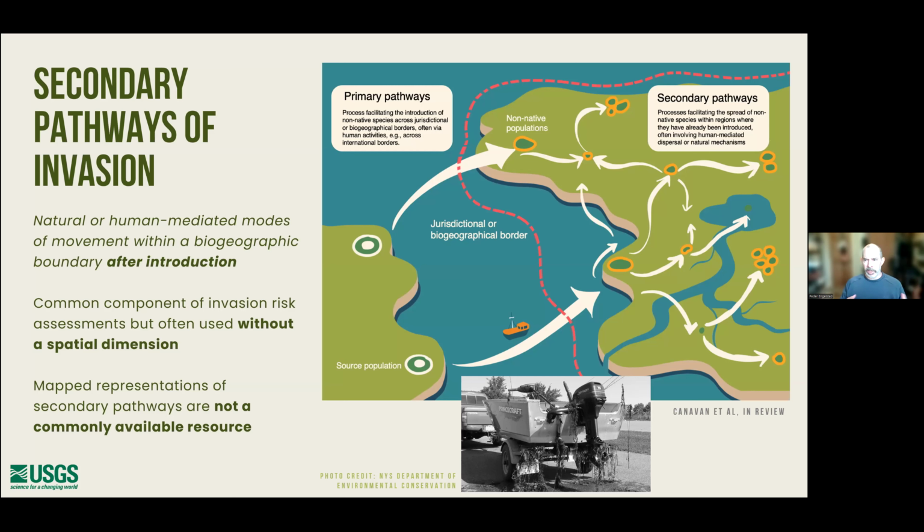But really, when you think about the nature of something like a stream network or where boat ramps are on the landscape, there's an inherent spatial component to that. And so we're interested in this project in developing some of those spatial representations, some maps of pathways, to try to get at ways of augmenting those suitability predictions.